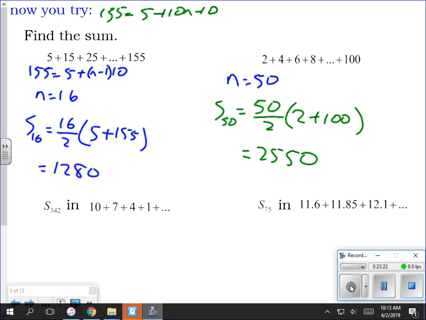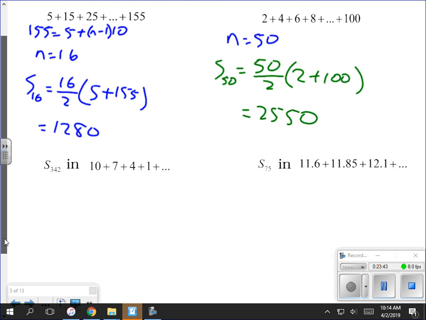Add 5 to both sides. You get 160 equals 10n. Divide by 10. n equals 16. But I'm just talking about how we got the 5 on it. 5 plus 155 is 160 times 8. It's half of 16. Yeah, okay.